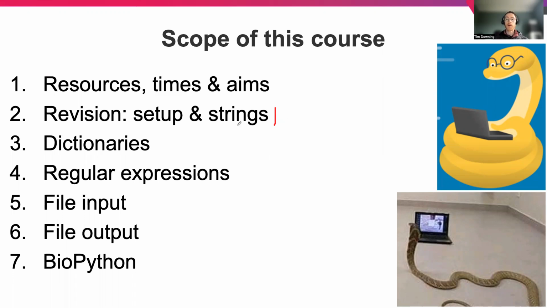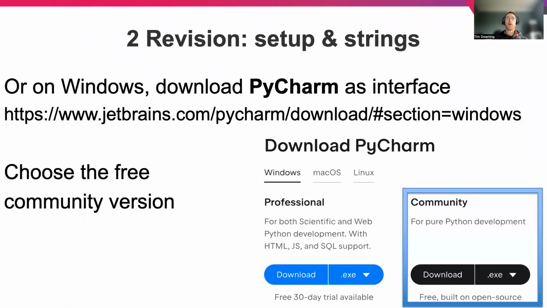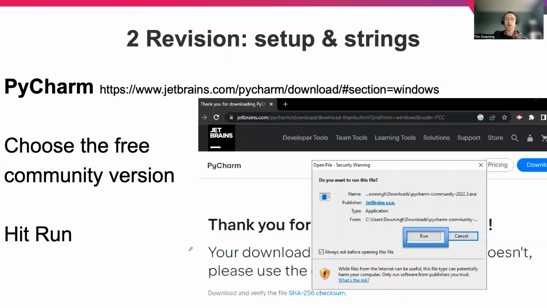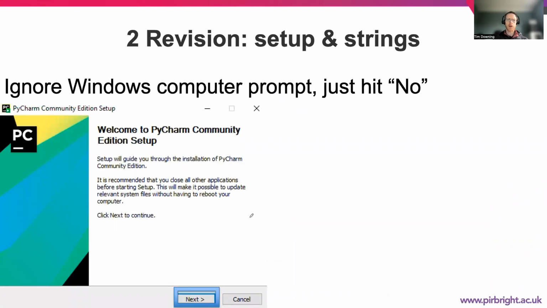So remember, if you're looking at PyCharm, you can download it from this website and install it on your computer. Remember, you're looking at the free community version that you want to use. When you're installing it, note that you'll be given this prompt where you just hit run and let it install on your computers. You may get these other prompts about details of setup in the Windows computer.